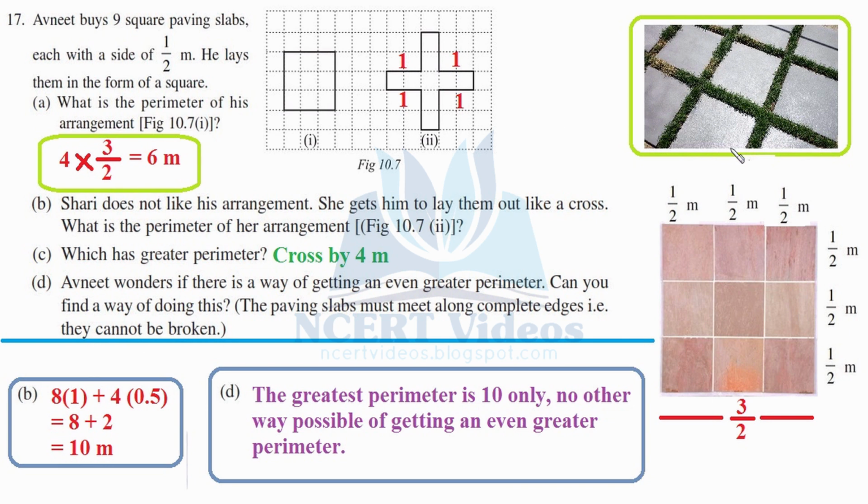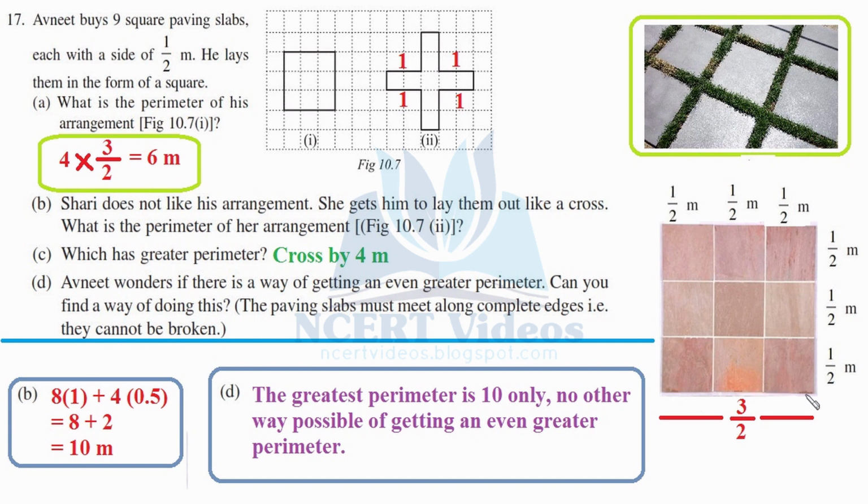So you can see paving stones are nothing but slabs that are used to cover some part of a land. You can also see them in your garden, etc. So these are paving slabs. So the dimensions are half meter each. These are square. This is half meter. This is half meter again. So what you get from this is that if you add all these, you'll get half into 3. So it gives you 3 by 2.